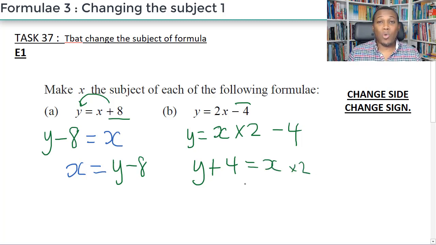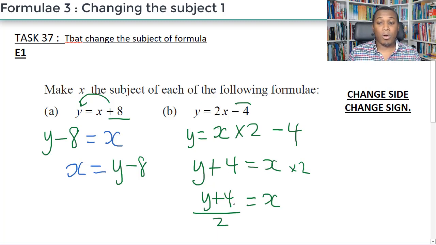I wanted x. I don't want x being multiplied by 2. I want x. So that means I need to move the multiplication by 2 from the right-hand side to the left-hand side. And if I change the side, I change the sign. So x is y plus 4, divided by 2. The opposite of multiplying by 2 is dividing by 2.